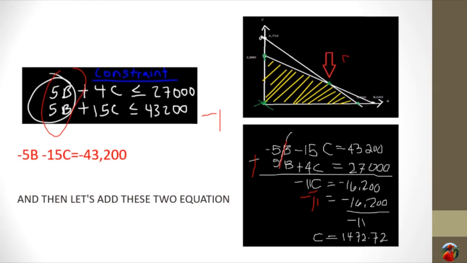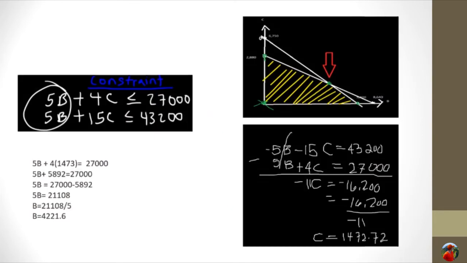So our C is equal to 1,473. Now let's calculate the number of books. I'm going to use the first equation and replace C with 1,473. 5b plus 4 times 1,473 is equal to 27,000. Then 5b plus 5,892 is equal to 27,000. Then 5b is equal to 27,000 minus 5,892, so 5b is equal to 21,108.